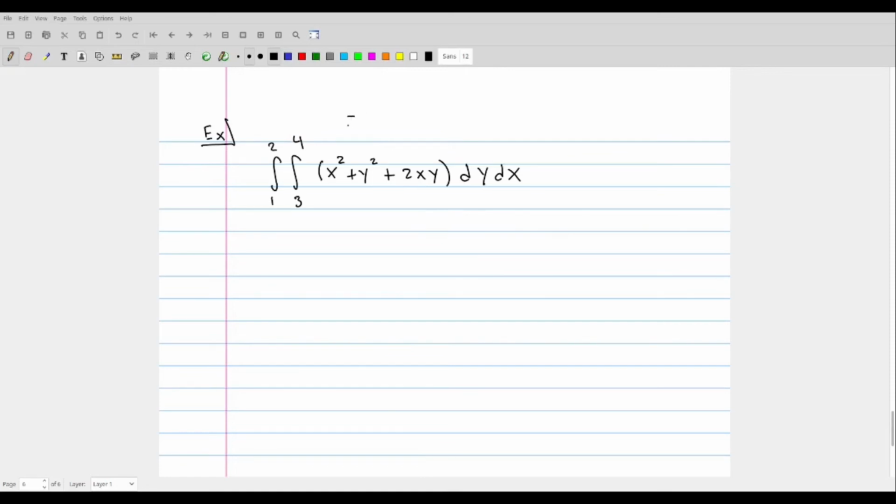Now this is the same thing as the double integral over the region R of the function x squared plus y squared plus 2xy.